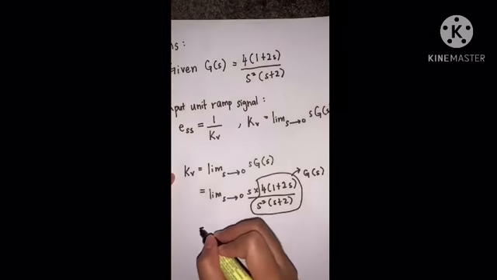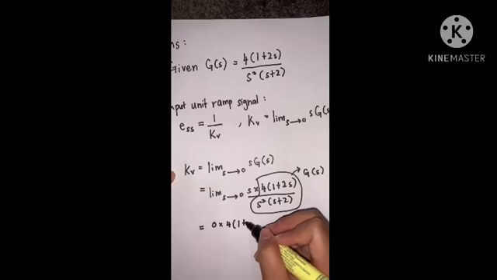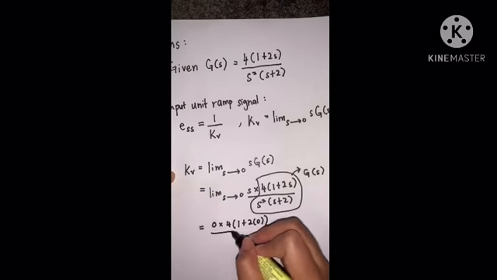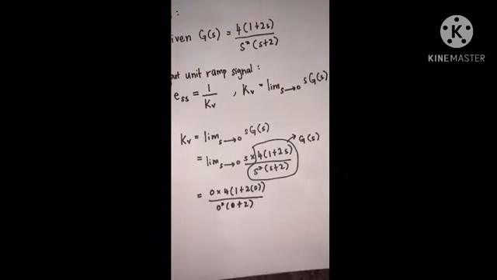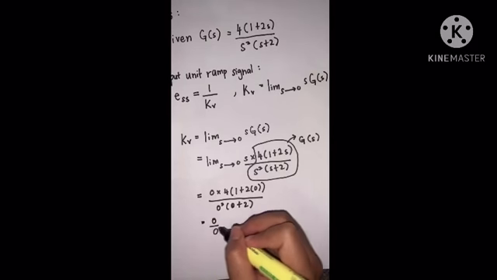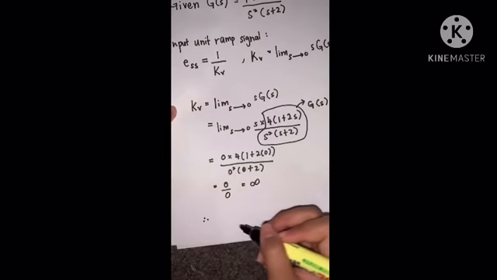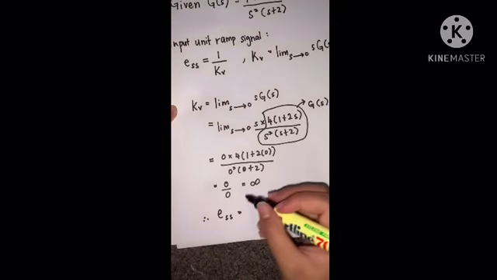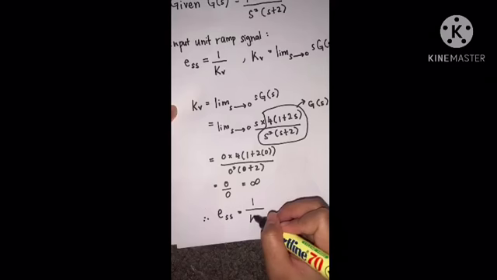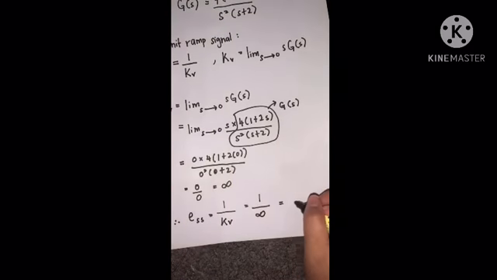So we calculate it. And then we get 0 over 0, which is infinity. So we can conclude that the steady state error for this question is 1 over Kv. The Kv is infinity, which 1 over infinity equals 0. And that's it.